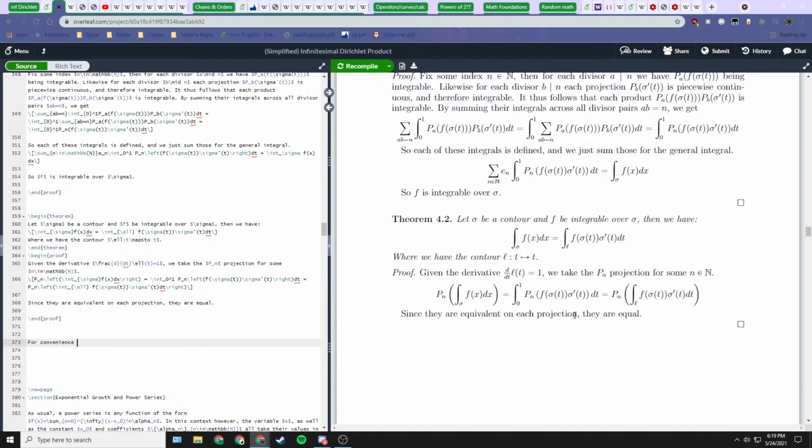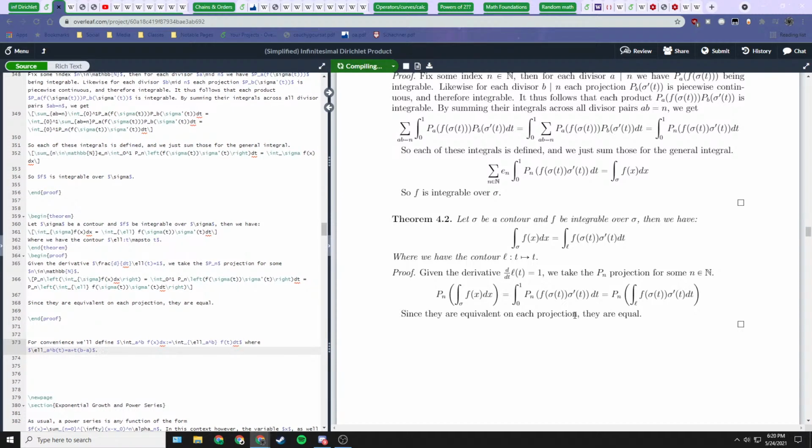So for convenience, we'll define this integral like that: a plus t times b minus a.